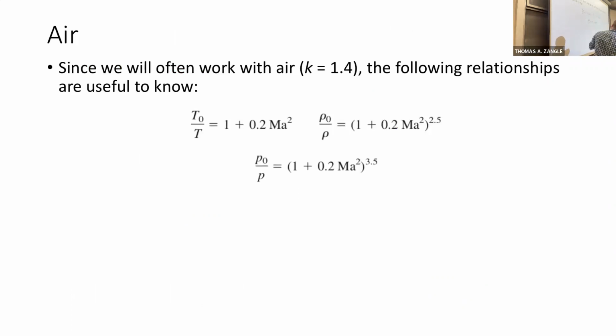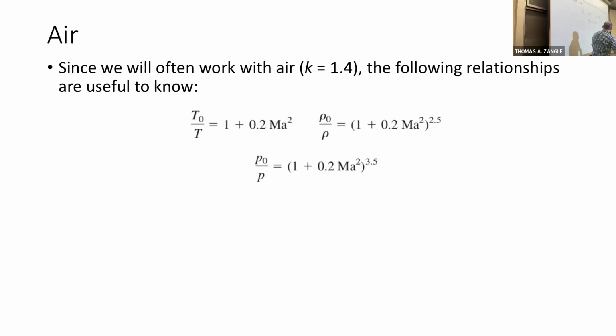Okay, so we're also going to be working with air to solve problems. And so we can take all of those Ks and factors of K and manipulations of K out, we can just write out numerically what those things are. And then we'll end up with these expressions, which make it really clear that in each one of these expressions, the temperature, the pressure, and the density relative to stagnation is just a function of Mach number, right?